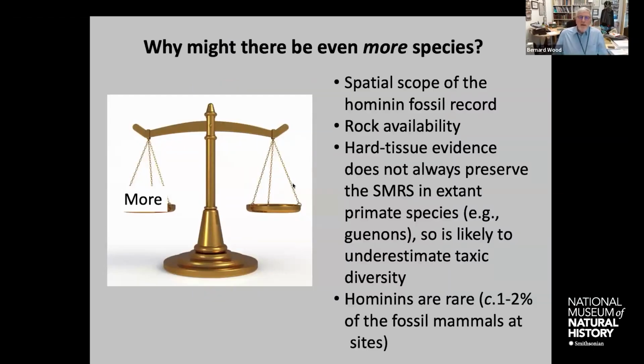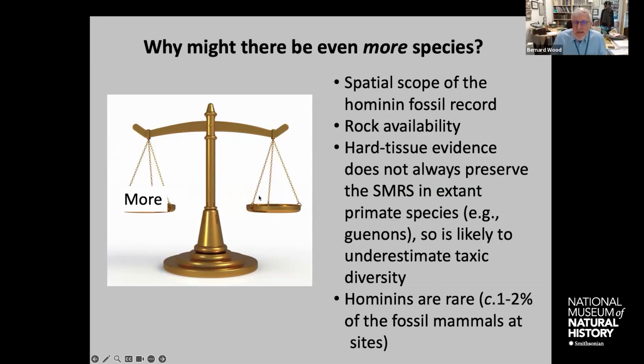The hominins could be living in a part of Africa, but if they were fossilized, but if we don't have access to the strata in which they were fossilized, then we just don't find them. It doesn't mean they're not there. It's just we're not going to have access to them.